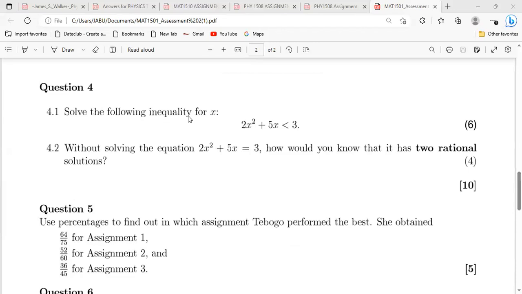Solve the following inequality for x. All right, let's do that.